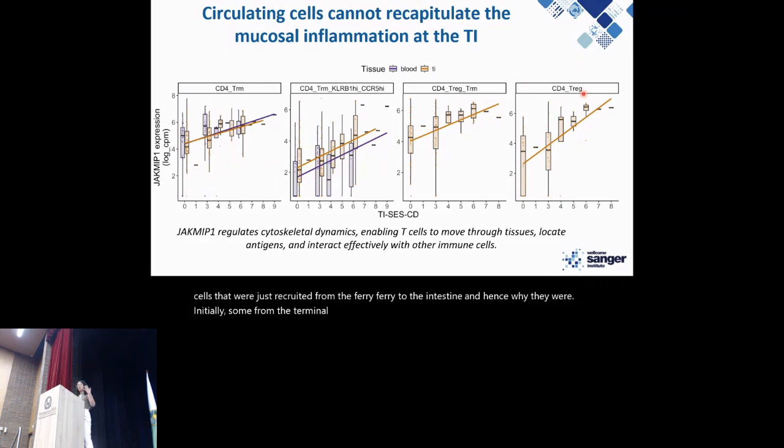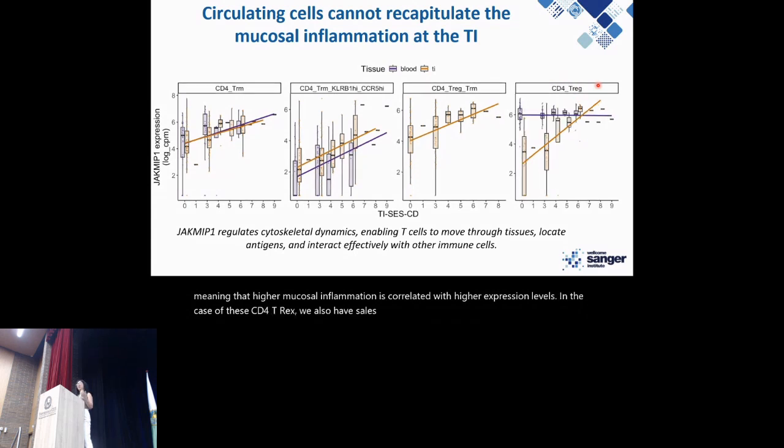Now, again, you can see there's a positive correlation, meaning that higher mucosal inflammation is correlated with higher expression levels. In the case of these CD4 Tregs, we also have cells from the blood. But now if we look at the gene expression levels, we don't see any significant correlation, and the levels are the same across all the endoscopy scores.